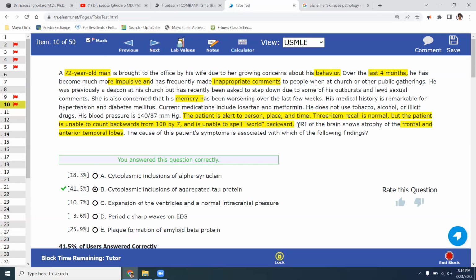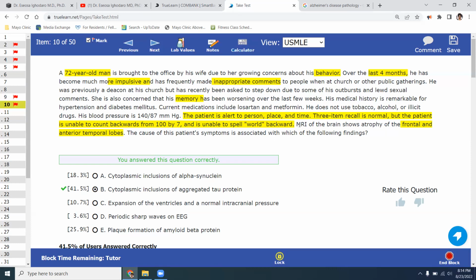So when you have a patient you're concerned has memory deficits, it's always important to get an MRI to see if you see any atrophy of the hippocampus, the frontal cortex, the parieto-occipital cortex, because different neurodegenerative processes show different patterns of cortical loss on imaging.